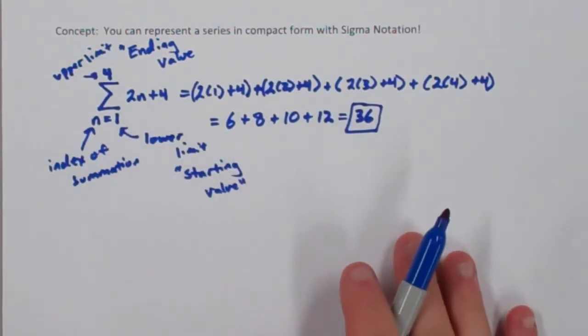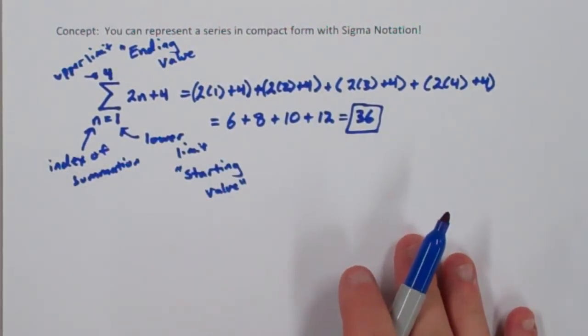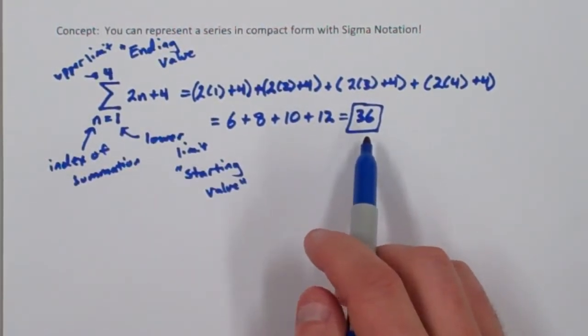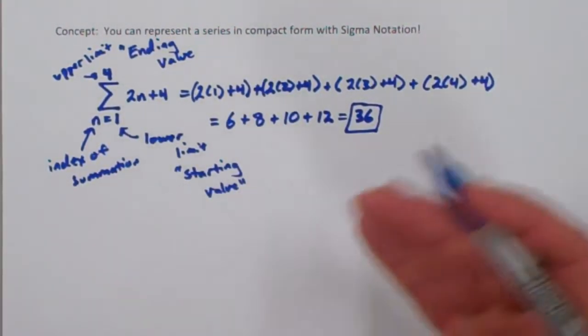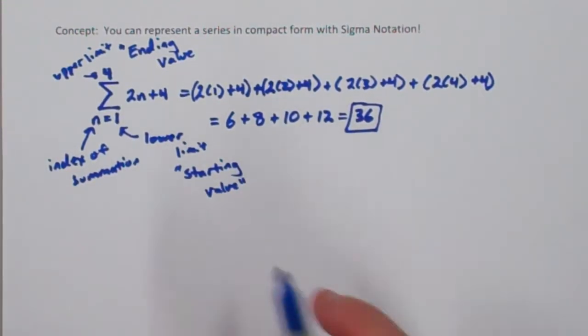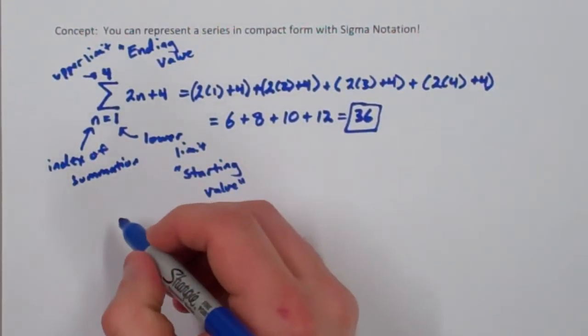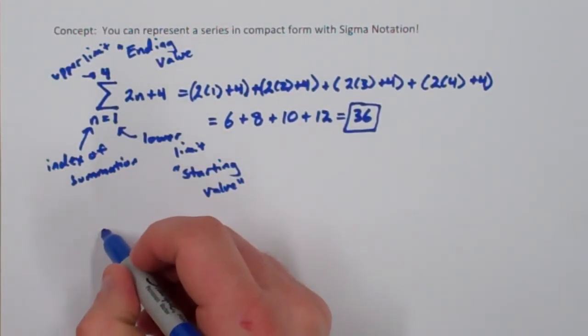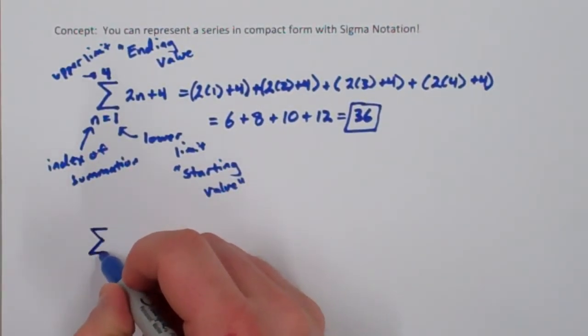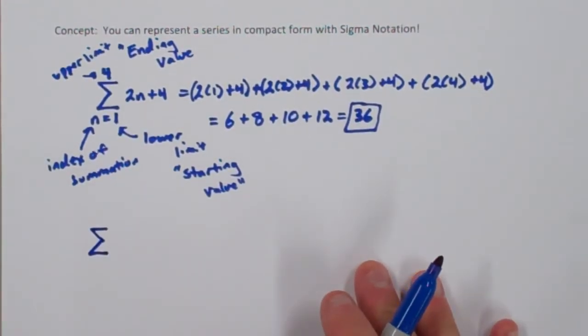Let me write this a little bit differently for you, and we're going to come up with the exact same sum and the exact same series here, but I want to show you how that can look a little different, but really is the same thing. I'll write the Greek letter sigma.